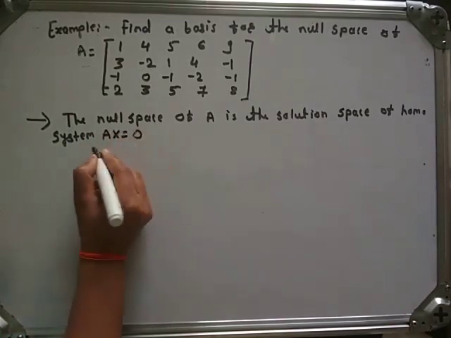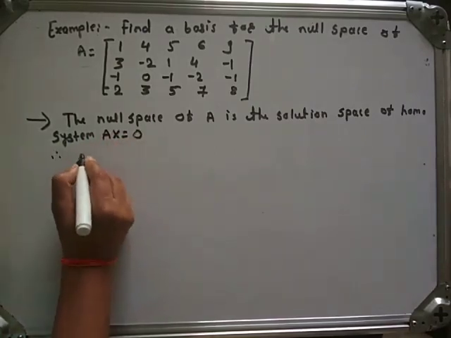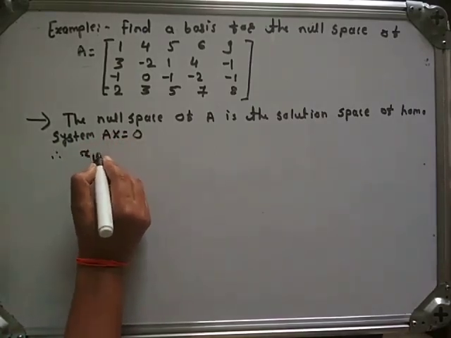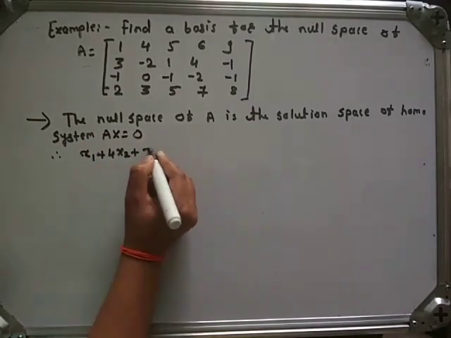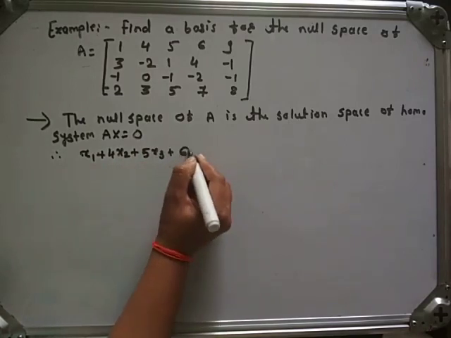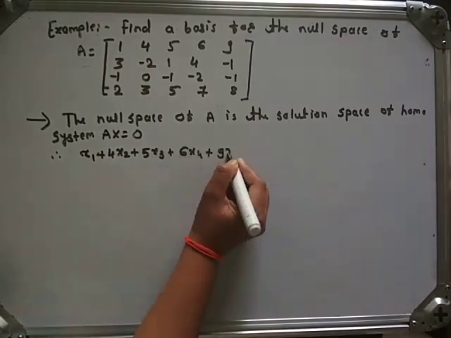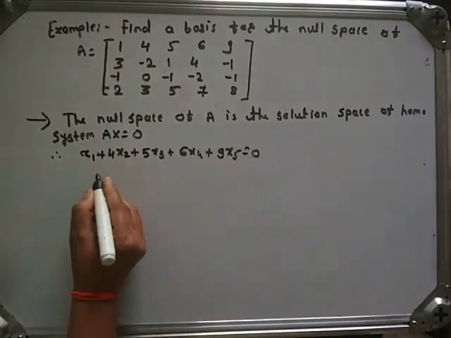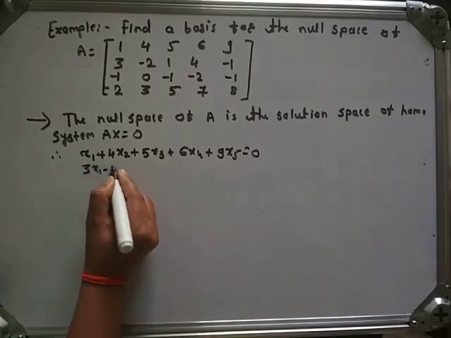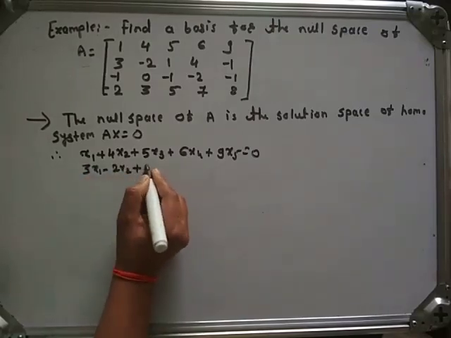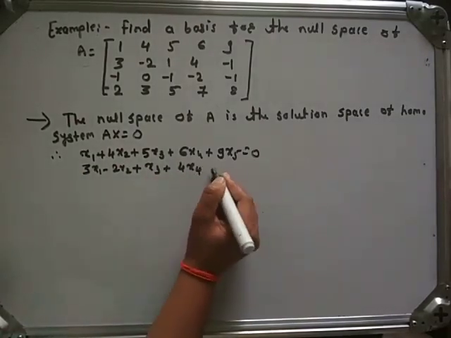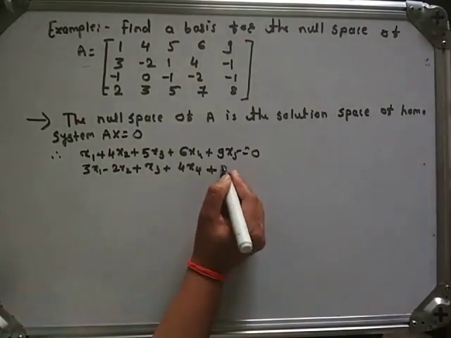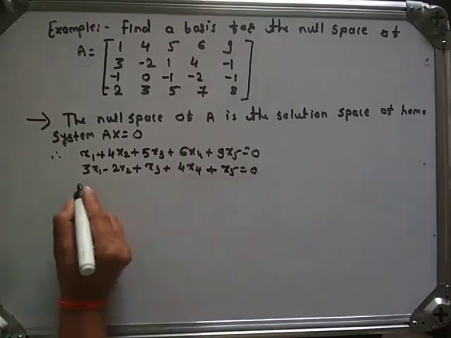Ax equals 0. So the homogeneous system is x1 plus 4x2 plus 5x3 plus 6x4 plus 9x5 equals 0. 3x1 minus 2x2 plus x3 plus 4x4 minus x5 equals 0.